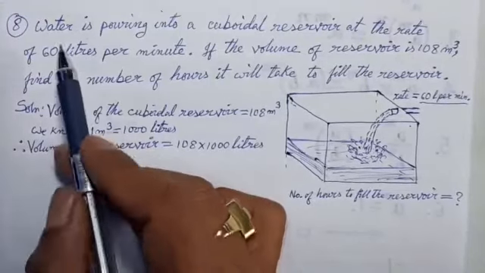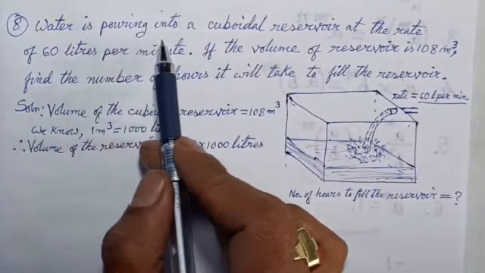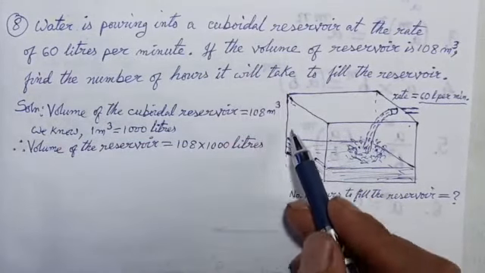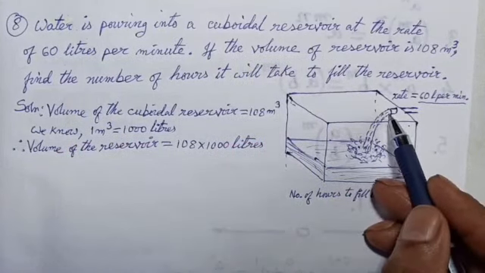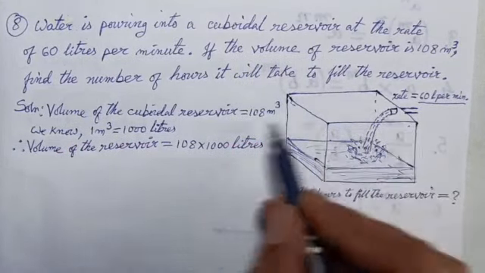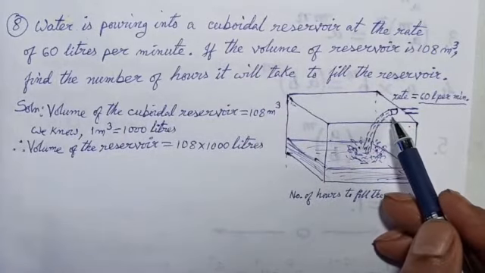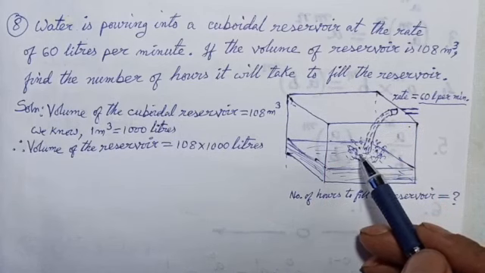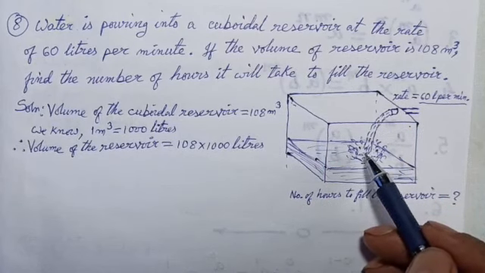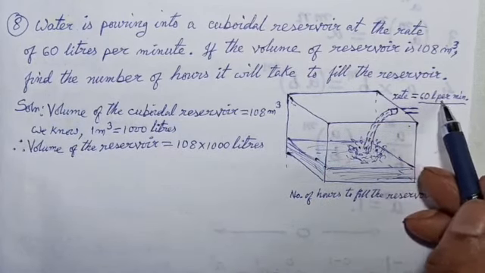So this is the question. Water is pouring into a cuboidal reservoir. Let us suppose that this is the cuboidal reservoir and water is pouring inside by using a pipe, and the water is pouring in this tank at the rate of 60 liter per minute.